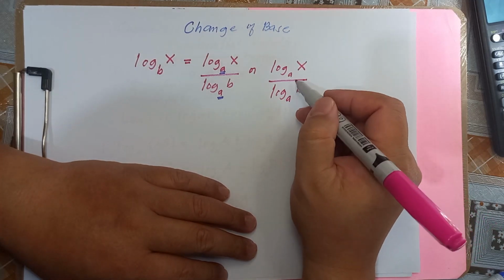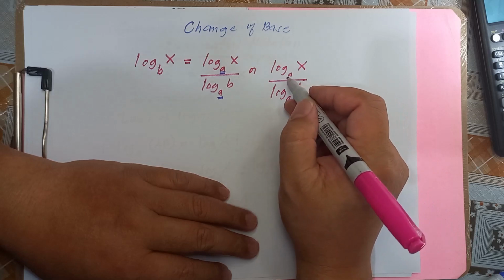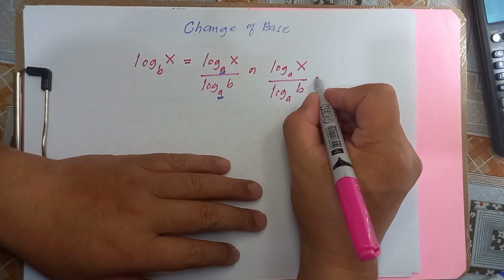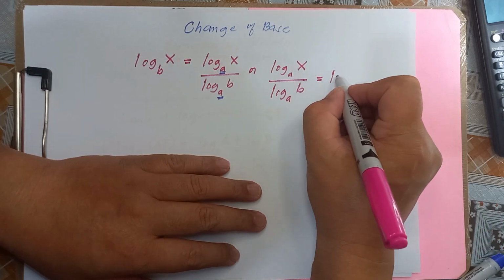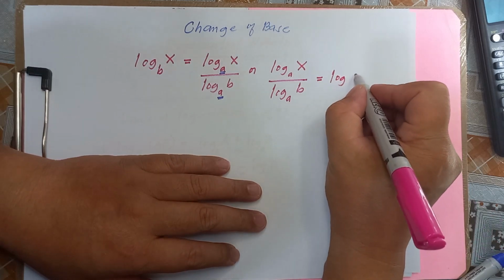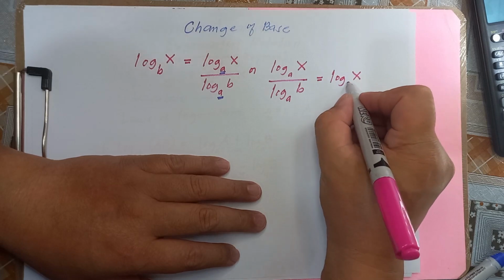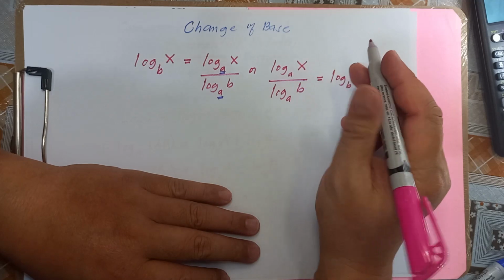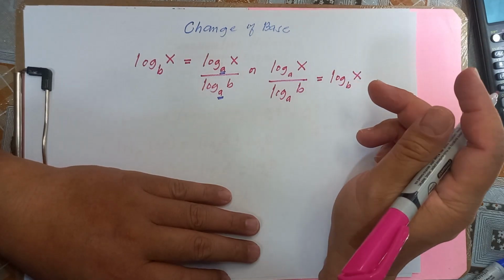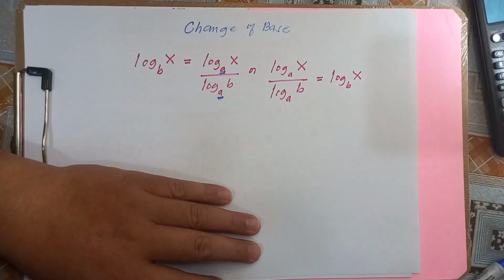If they have the same base, we can write this in its equivalent form, which is log of x to the base b. So that is the meaning of the change of base in logarithm.